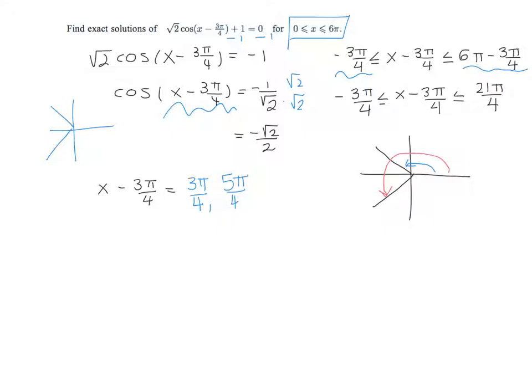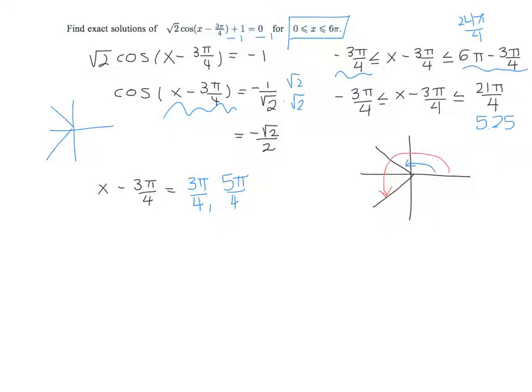On the right side, 6 pi is equivalent to 24 pi over 4. So you have 21 pi over 4. If you think about 21 pi over 4, that's about 5.25. So that means you're going around the circle twice and then a little bit more than a half.